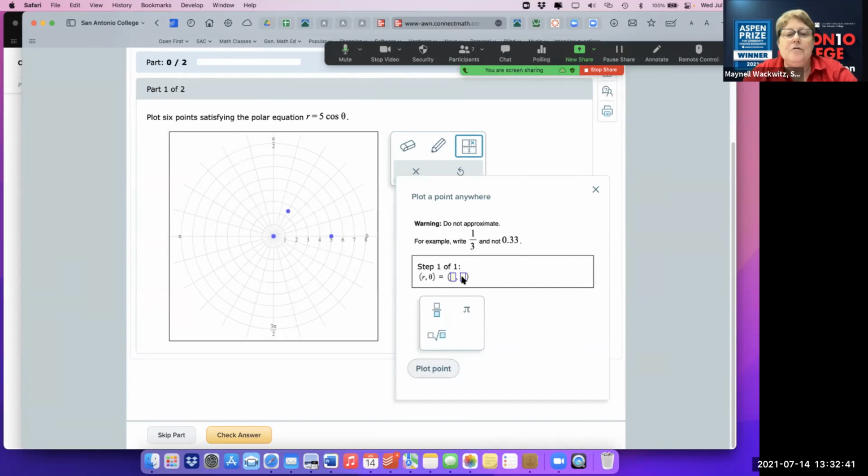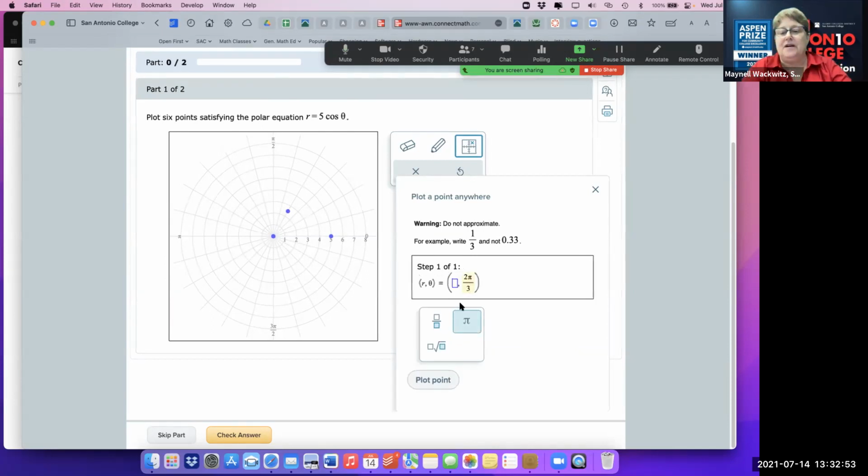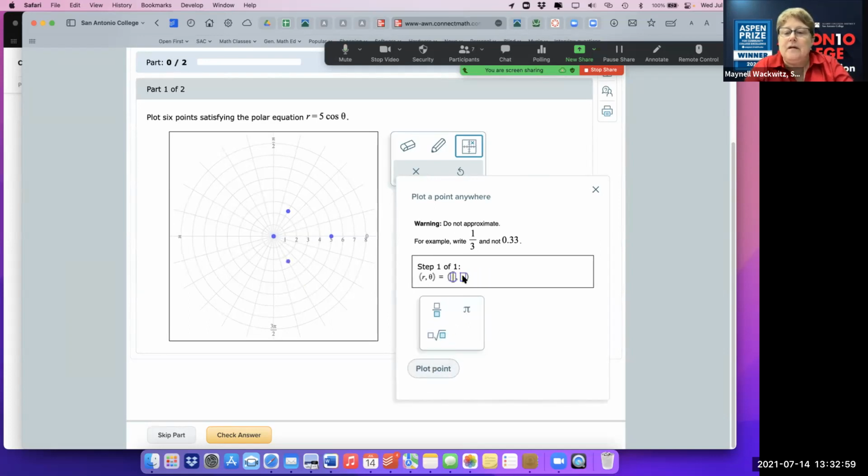At theta equals, let's go into the second quadrant. 2 pi over 3 is also a nice angle for cosine, because it's 1/2 again, but negative. So we'll get negative 5/2. Let's do pi.